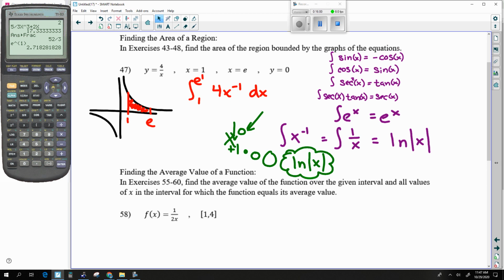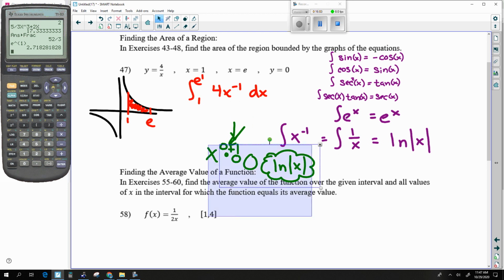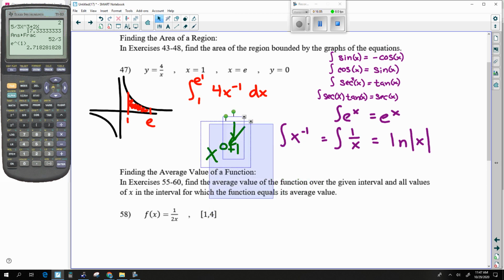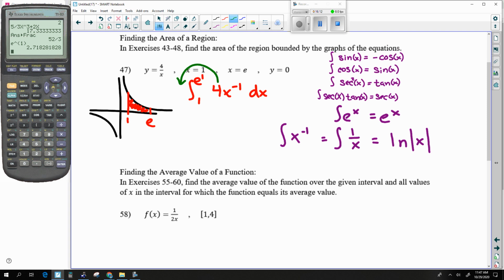So this is introducing us to another fancy integral. What I'm going to do is take this 4 out and integrate that. So this is going to be the ln absolute value of x from 1 to e to the 1. I don't know if you know what the heck an ln looks like. An ln looks like this.